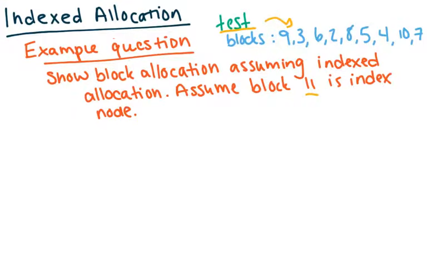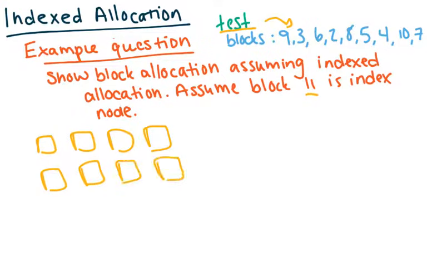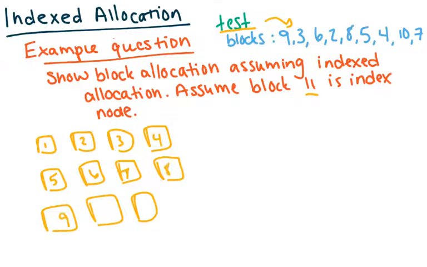All right, so here we go. I'm going to draw them. I'm going to draw 12 this time. Well, 11. 1, 2, 3, 4, 5, 6, 7, 8, 9, 10, 11. So our file is going to be test.